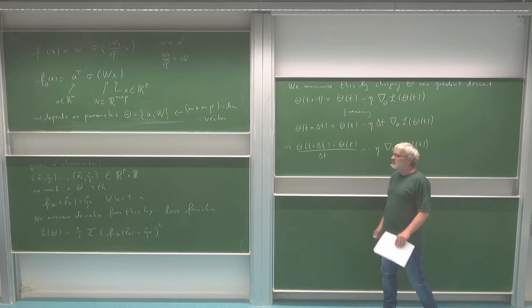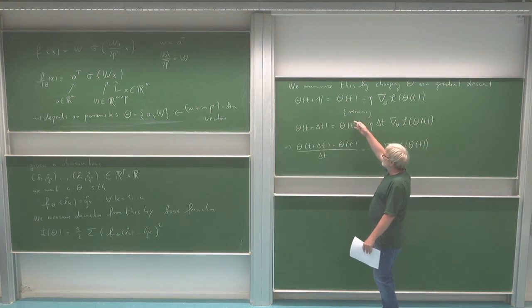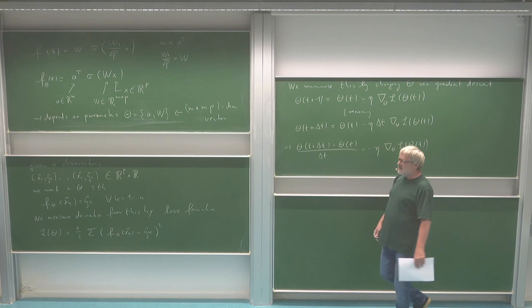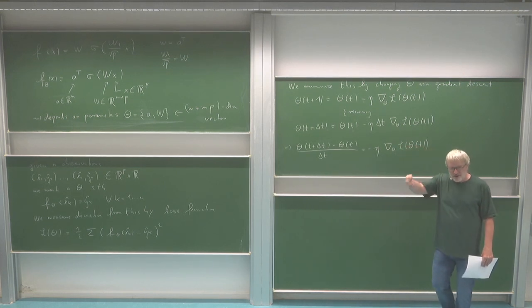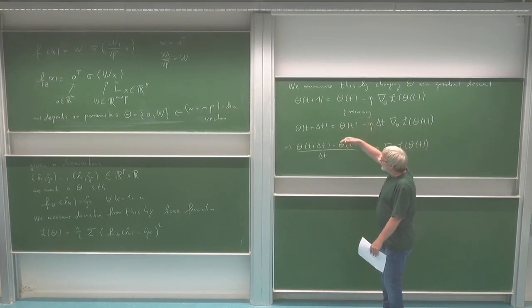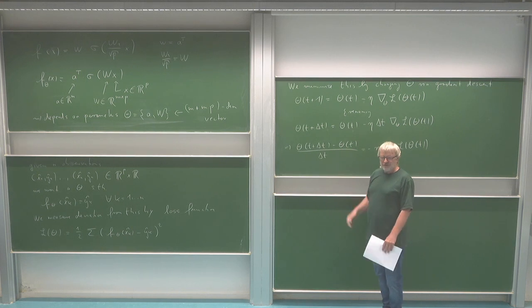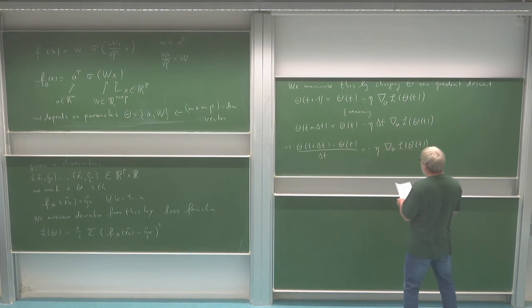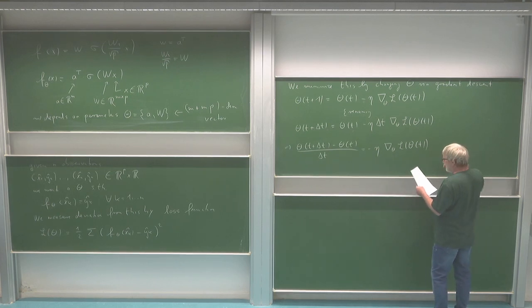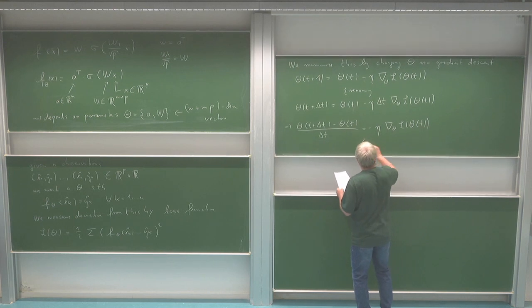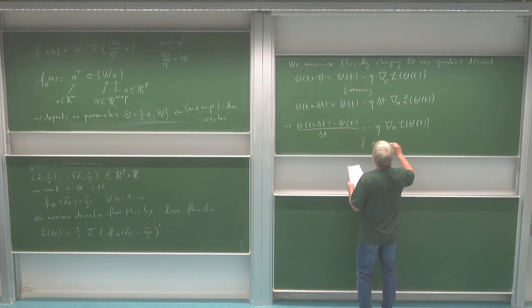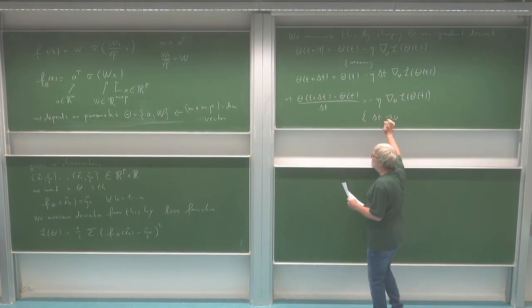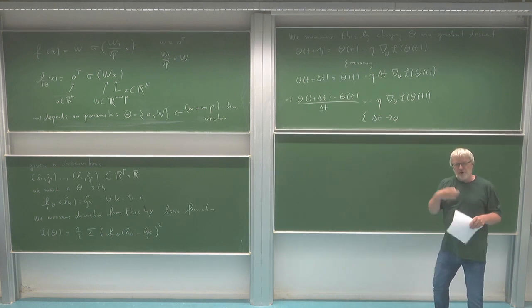So I just prefer to write these discrete things, of course. The algorithm is doing it in a discrete way, but you can think of this as a discretization of this differential equation, and maybe it's nicer to write it down, and maybe also nicer to argue. So I'm now sending this delta t to 0, and then of course I get a differential equation for the time change of my parameters.